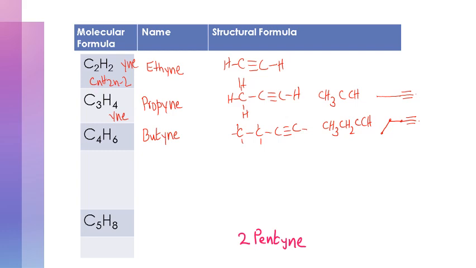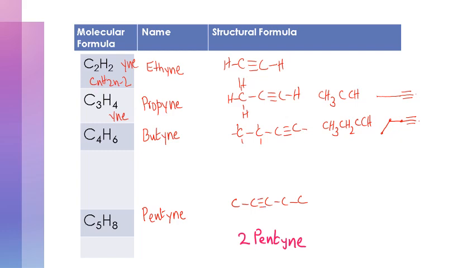Two is here. Okay, so now this one is going to be C5H8. That means pent is the prefix, and we can see from the formula that it is an alkyne, so yne is going to be the suffix. So 1, 2, 3, 4, and 5. Let me put the triple bond somewhere else so that you can see the difference.